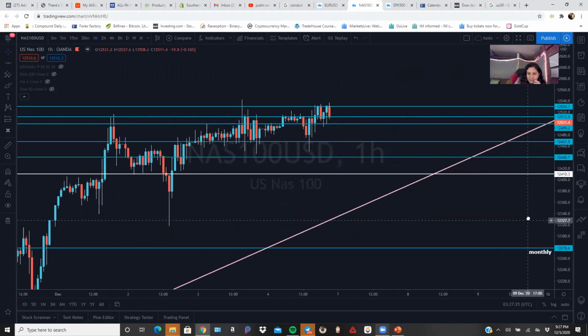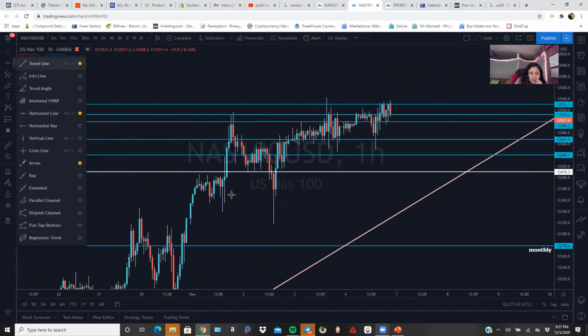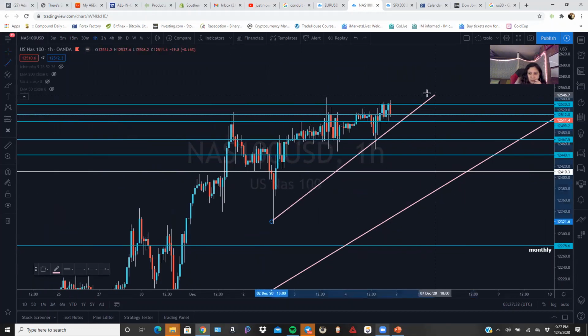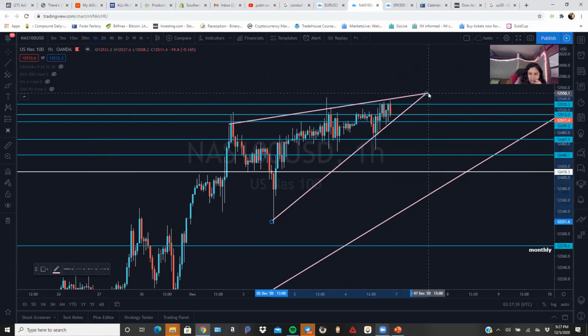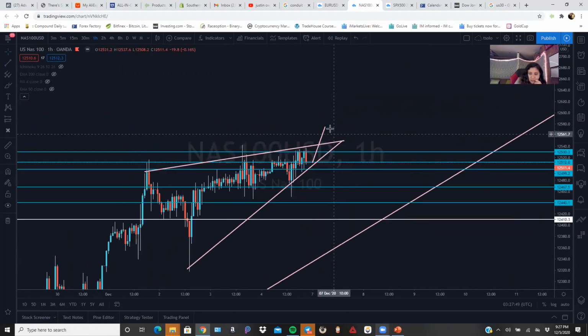Let's see. I gotta do this little trend line here on the 1 hour. And then we can maybe make something pop off with a little breakout market structure, like a little triangle action.